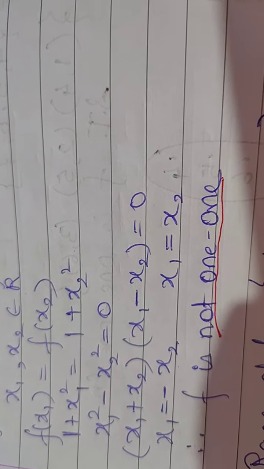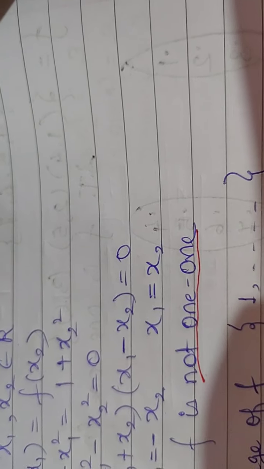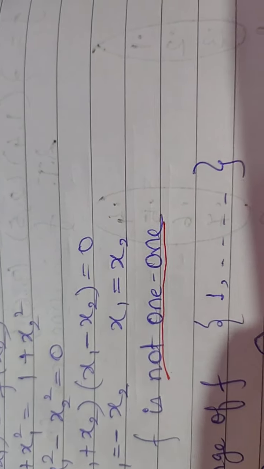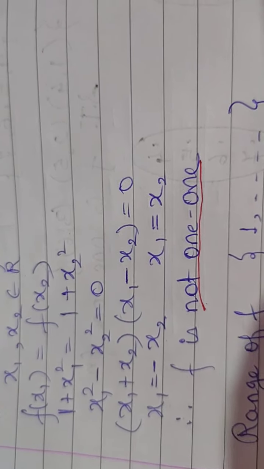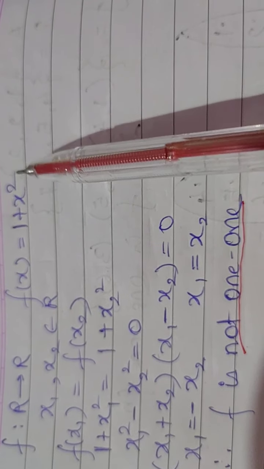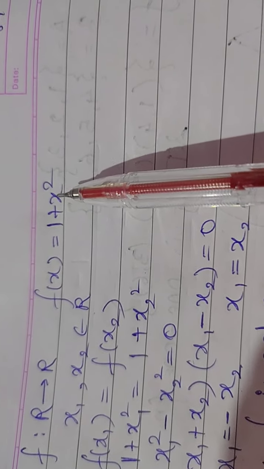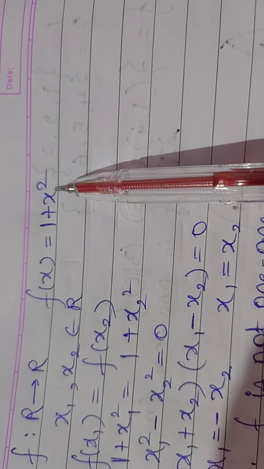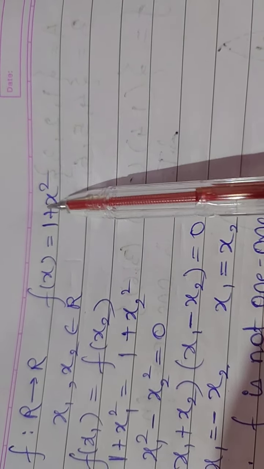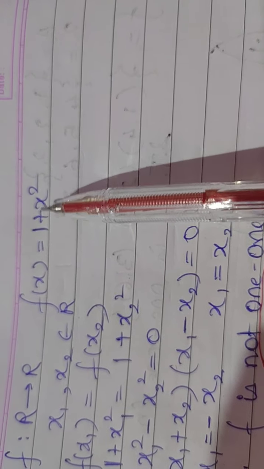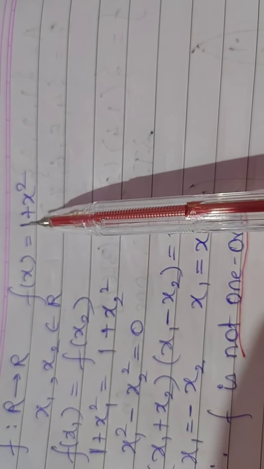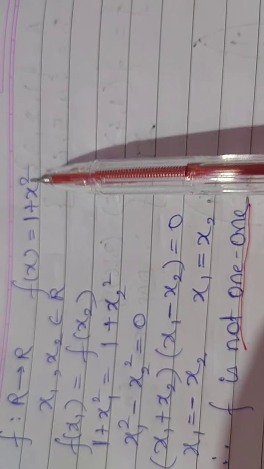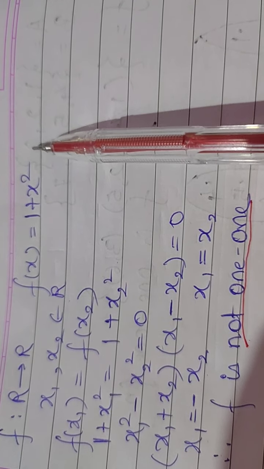Okay, and now we'll check whether it is onto or not. Here we'll find the range of f. The function is 1 plus x square. Whatever the value of x is, either positive or negative or fraction, in 1 plus x square, the square term will be a positive term, and adding 1 to it, this value is always at least 1.